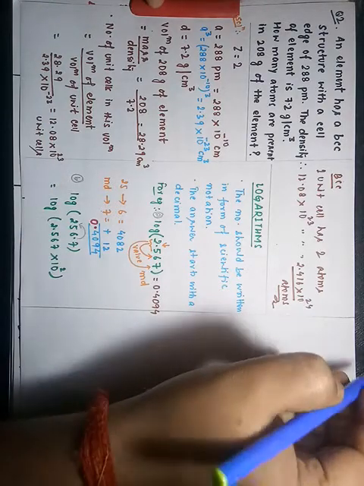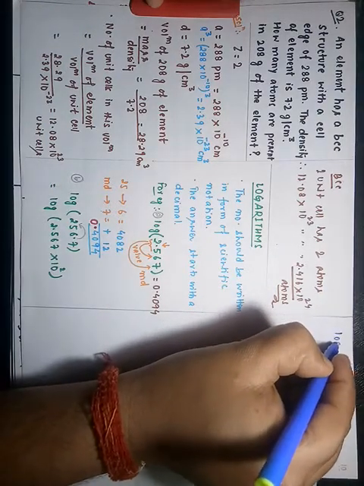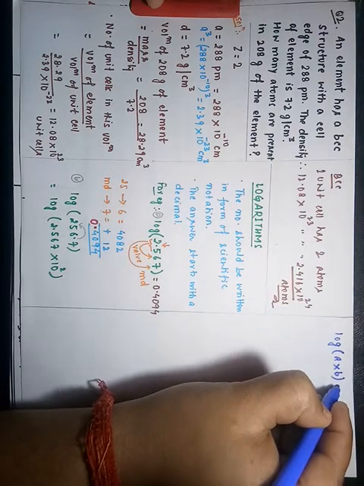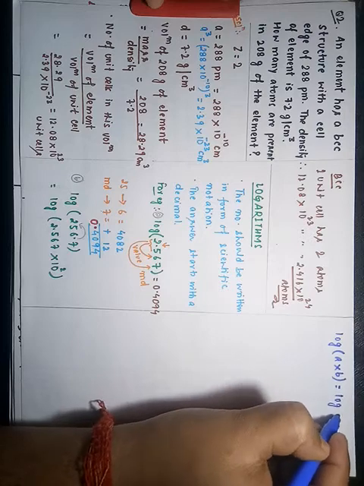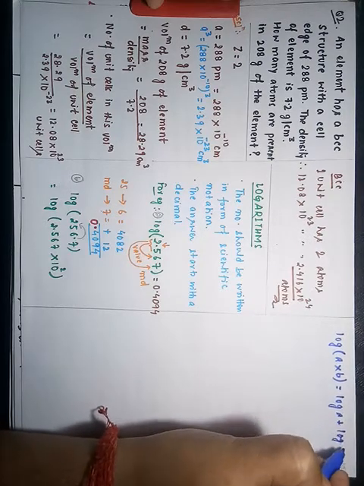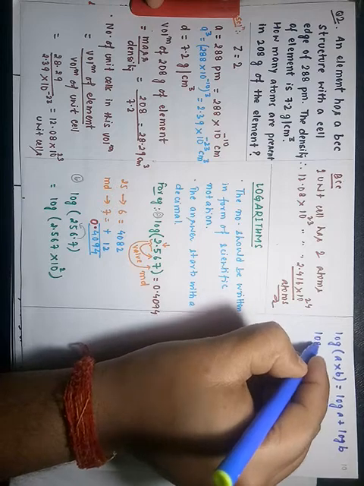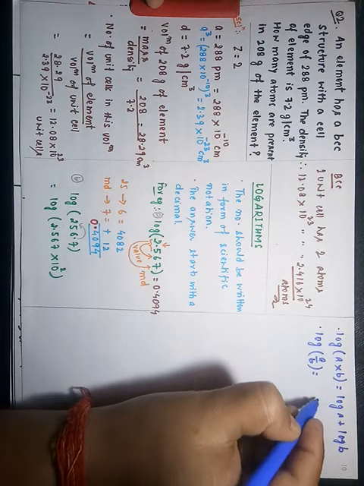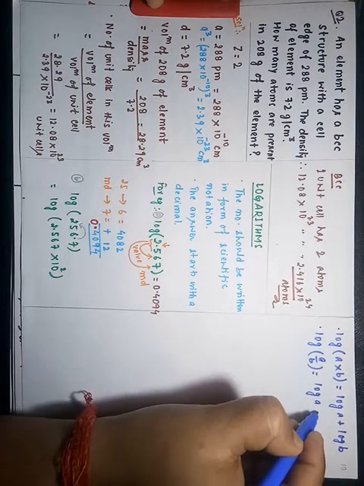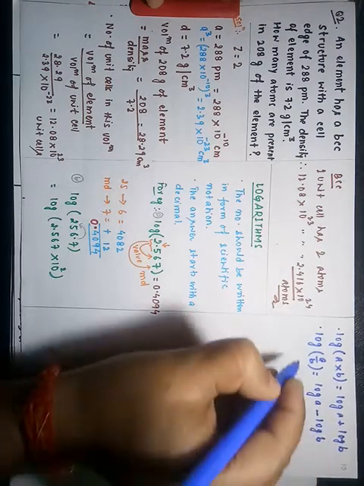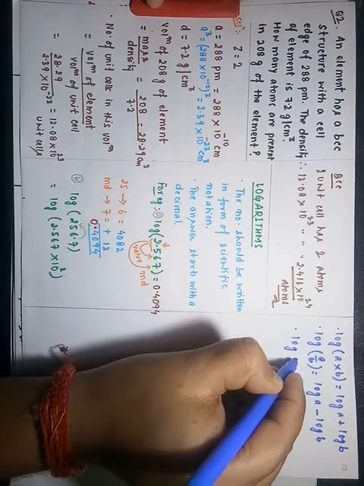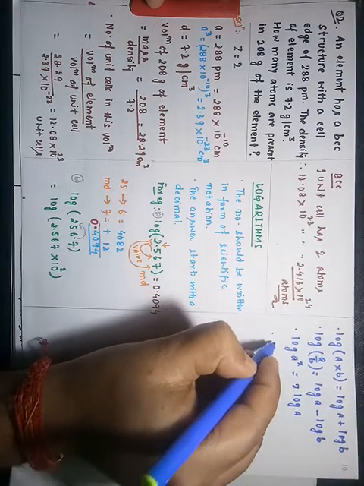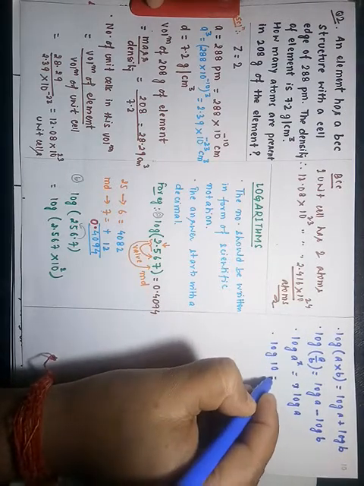Log A into B is equal to log A plus log B. Log A by B is equal to log A minus log B. Log A to the power x is equal to x log A. Log 10 is equal to 1.